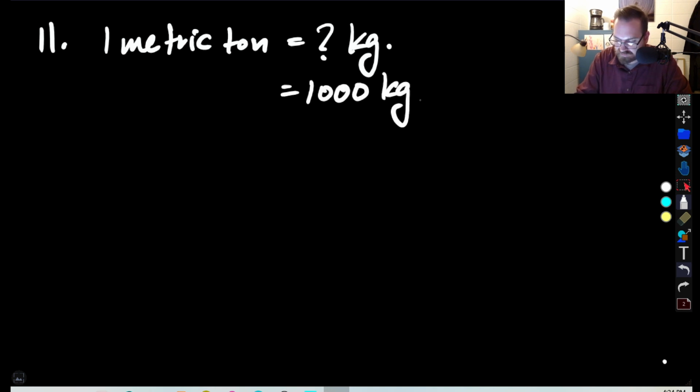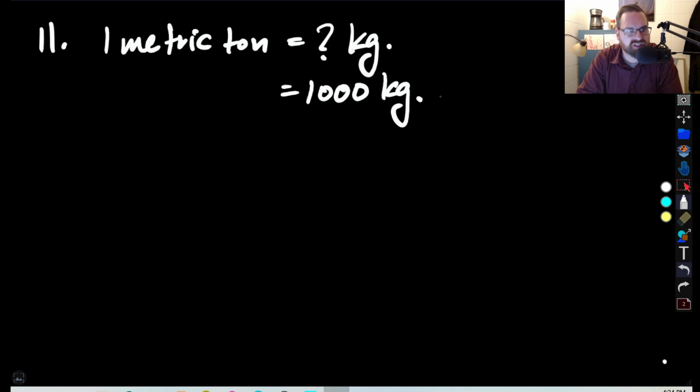Okay. If you wanted to, you could go back to the scale. Actually, I don't even think that one's in the prefixes. No, it's not. It's not in that chart for section 3.1. So this is one that you probably just have to know, that a metric ton is equal to 1,000 kilograms. Okay.